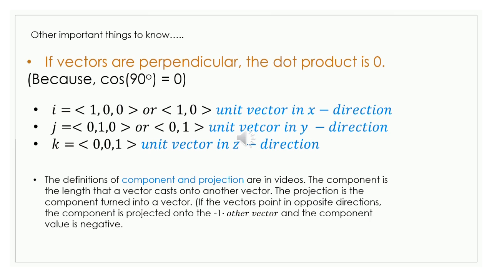j is commonly used for the vector that points in the y direction. So if you are in 3 dimensions, the vector with terminal point 0, 1, 0 is j. If you're in 2 dimensions, then x is 0, y is 1, there is no z.